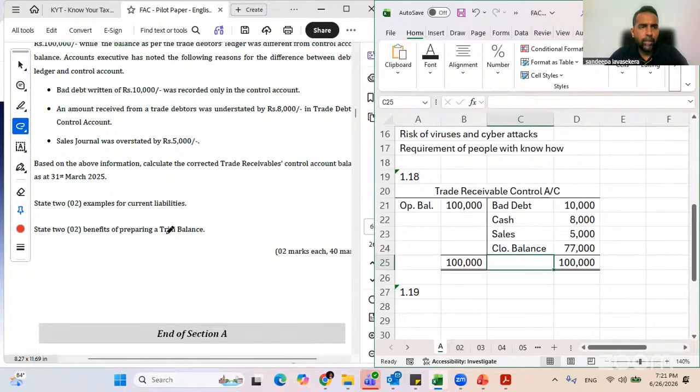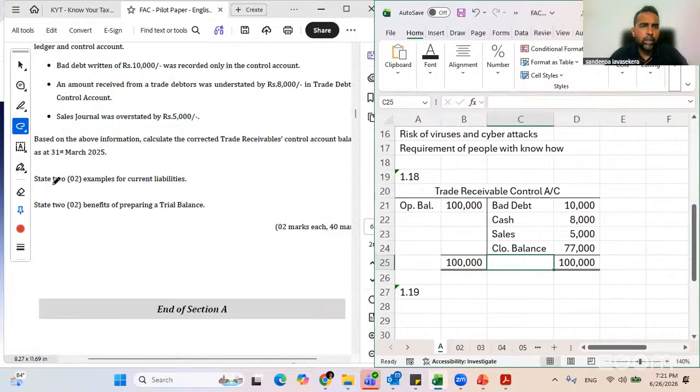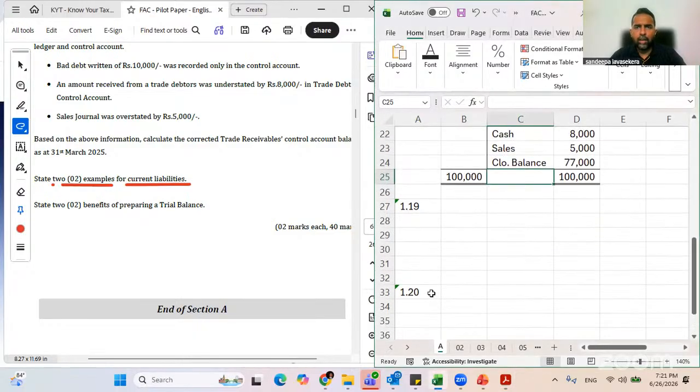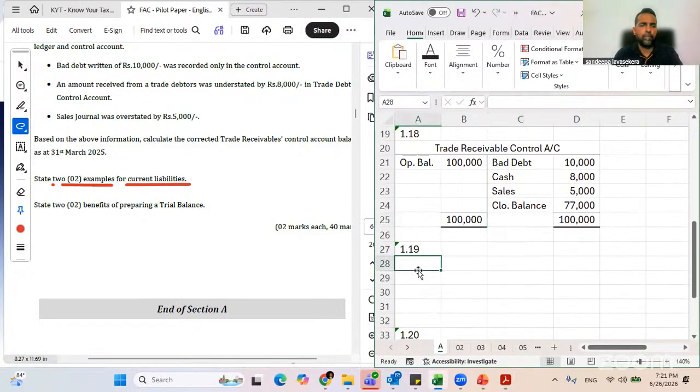Right. Look at the next one. State two examples of current liabilities. Very easy. Current liabilities: trade payables, other payables, accrued expenses, tax payable, bank overdraft.